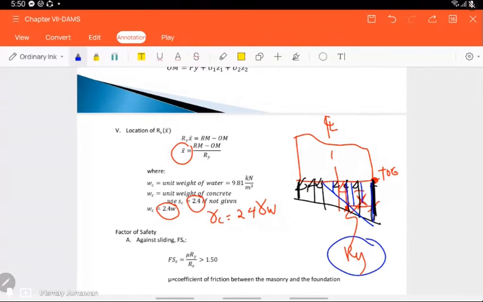You need to know the location of the Ry so that you will know the distribution of your soil pressure.